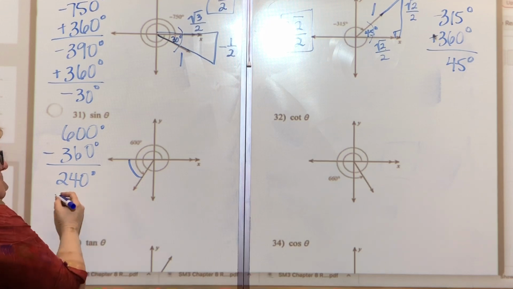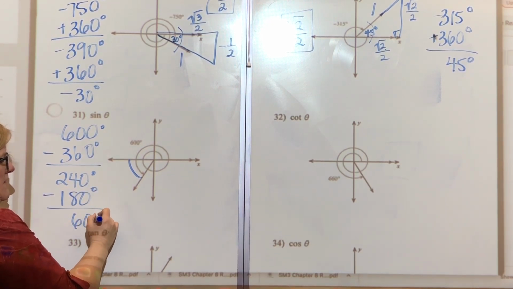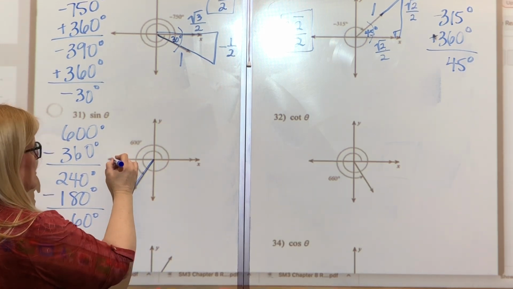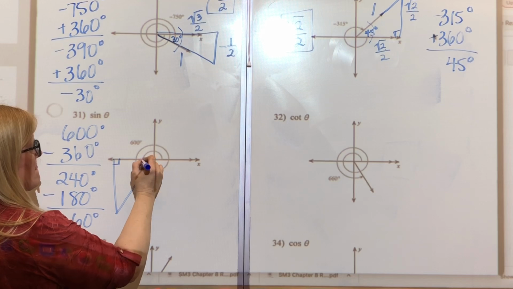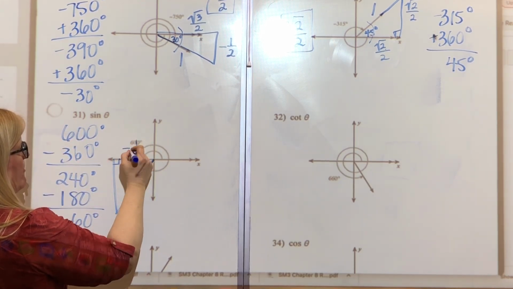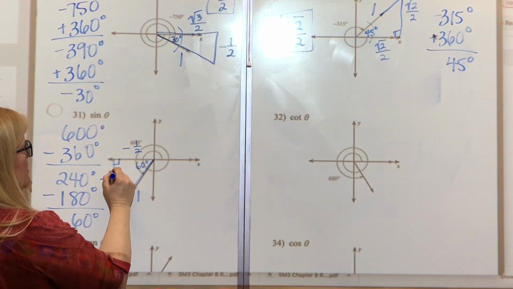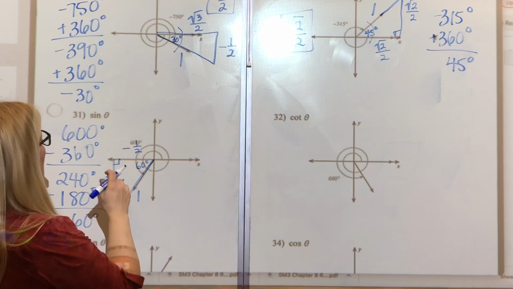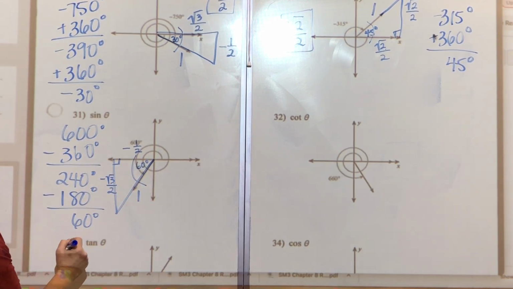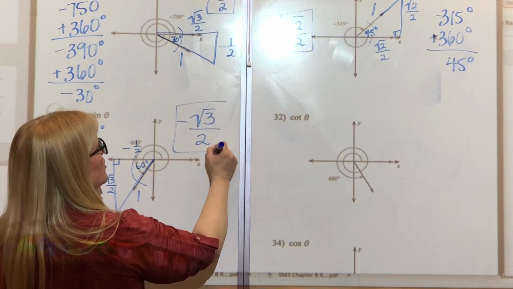So I'm actually going to subtract 180 from here, and that gives me 60 degrees. So this is a 60-degree angle. Here's 1. Here's 1/2. Here's -√3 over 2. And I want the sine, which is opposite over my hypotenuse. So my answer is negative root 3 over 2.